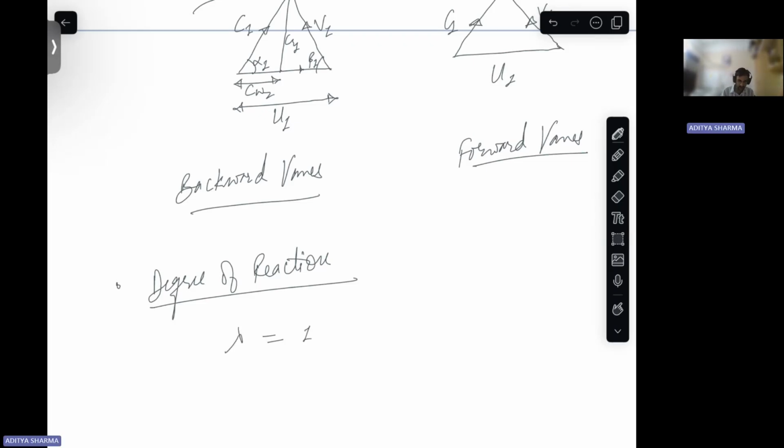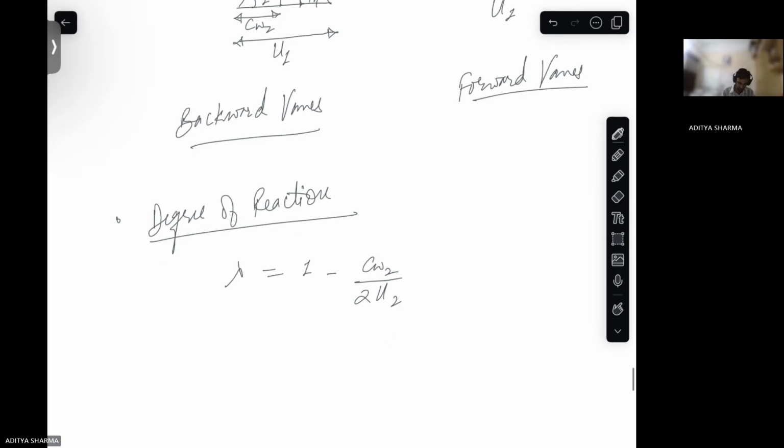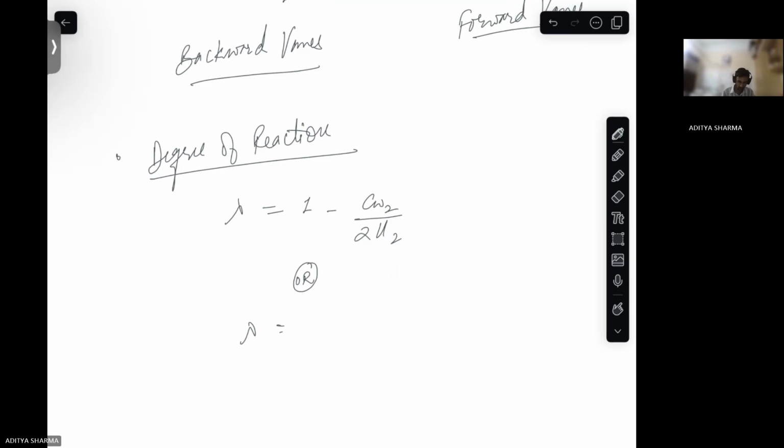So this lambda is 1 minus C_w2 by 2U. This is also equal to 1 minus phi_2 cot alpha_2 by 2.